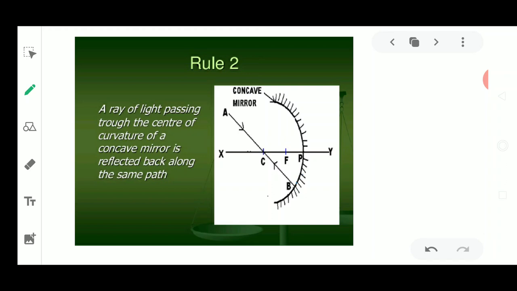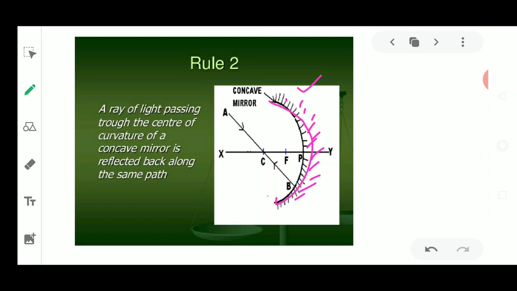Again, this is the concave mirror which is shown by a curved line, and this curved line and these small lines drawn here show the non-reflecting surface, and the inner side shows the reflecting surface.